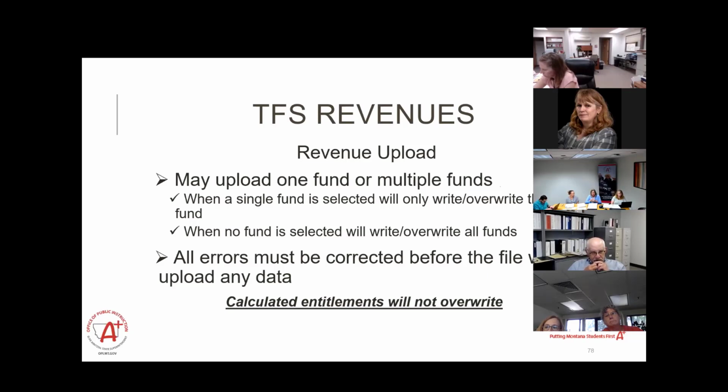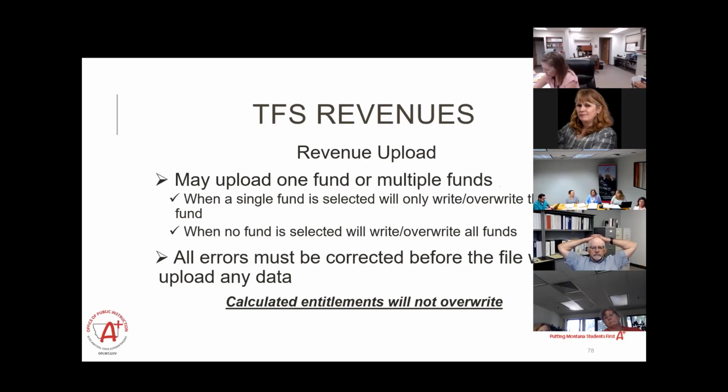It's not going to overwrite the calculated entitlements that are in there, or you'll see them as calculated. They'll say yes. It will not overwrite those. It'll only overwrite the ones that you put in there. If you bring in revenues and you don't select a fund, it's going to overwrite all the funds.